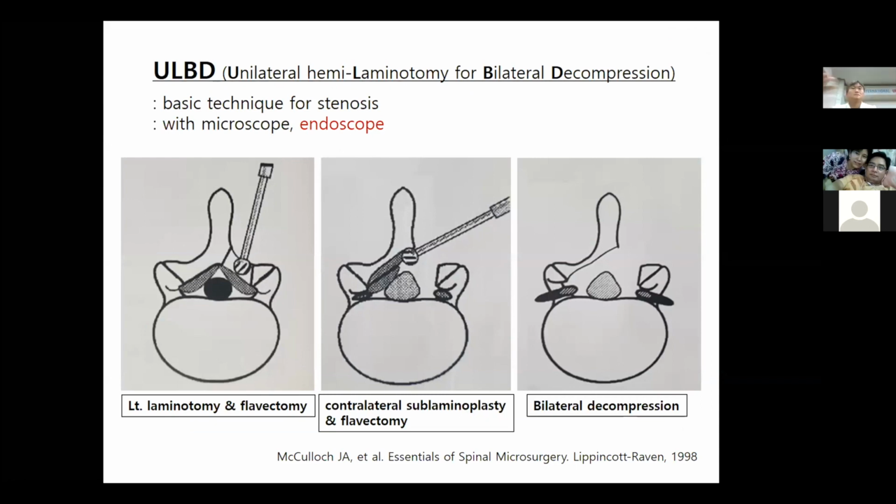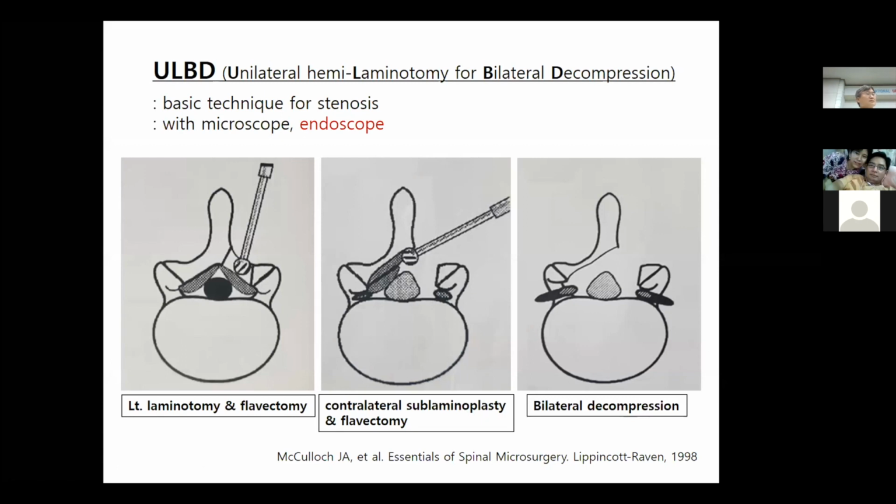This picture is a very important, very famous figure. This is a typical figure of ULBD, the basic technique for stenosis. But this figure is concerned only with decompression, laminotomy, and flavectomy. But my concern is skin to lamina.